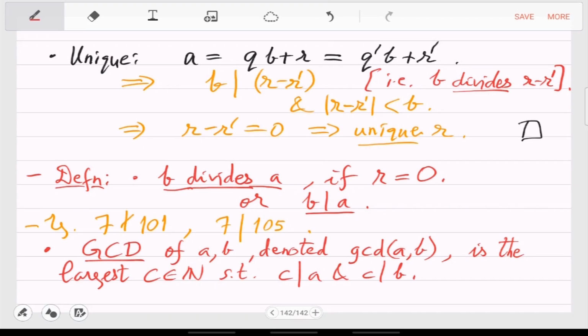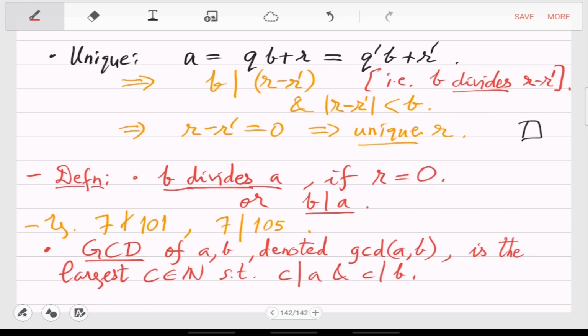Will it always exist? Well, you know that 1 always divides A and B, right? So there are only a finite number of possibilities after that. So the largest will exist. It will be unique. So that is called GCD.